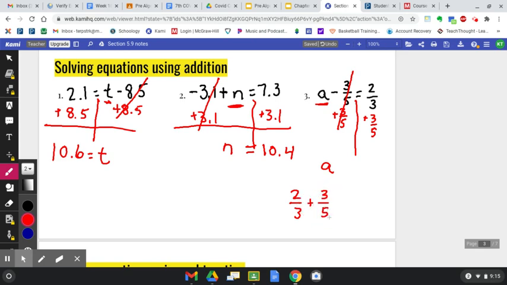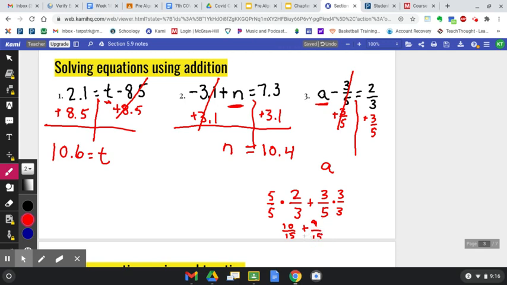So this is where our adding and subtracting fractions come into play. They are unlike denominators, right? So I have to make them the same. So I'm going to multiply this by 5 over 5 and this by 3 over 3 because that would give me a common denominator of 15, right? 5 times 2 is 10 over 15 plus 9 over 15, right?